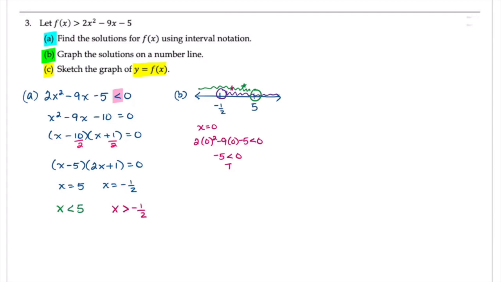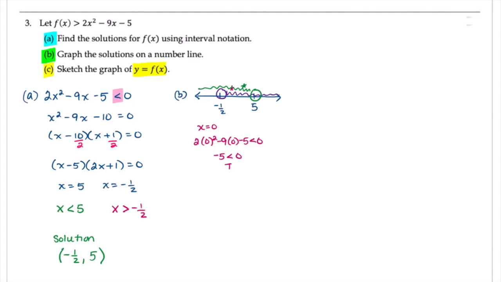So my solution using interval notation starts at -1/2, not including -1/2, and goes to 5 and does not include that value as well. All right, so we are done with part A, done with part B.